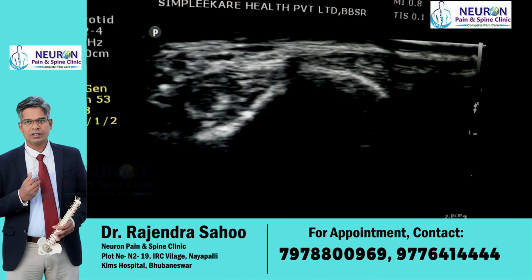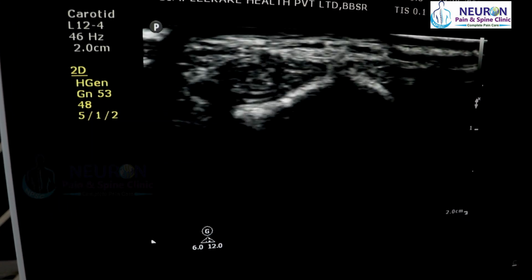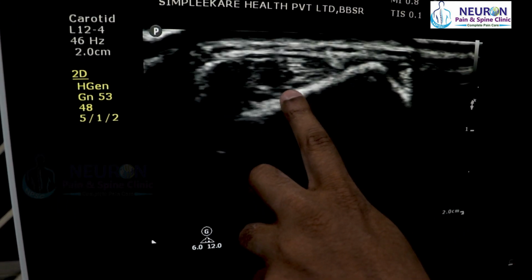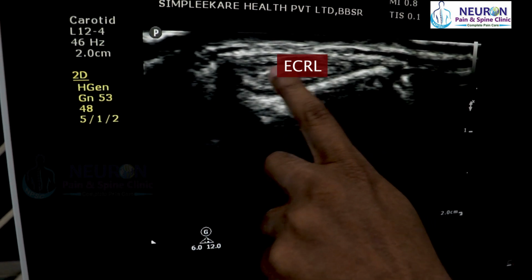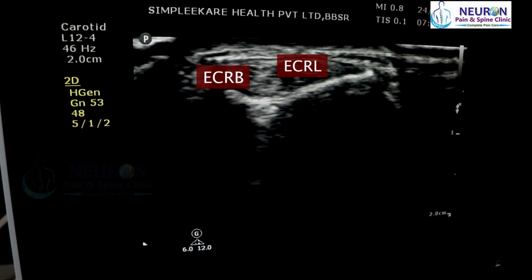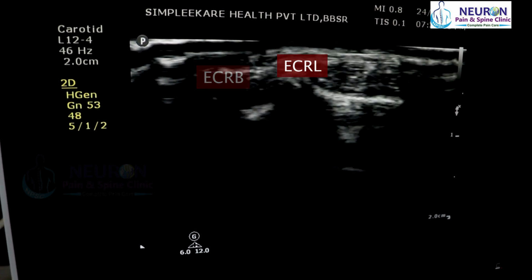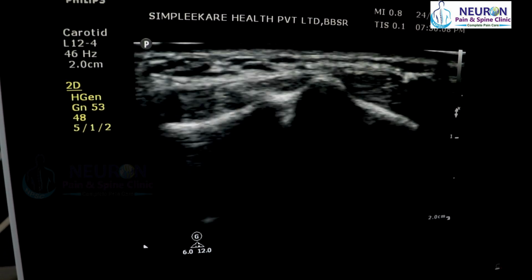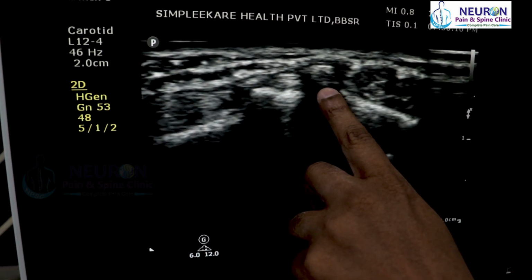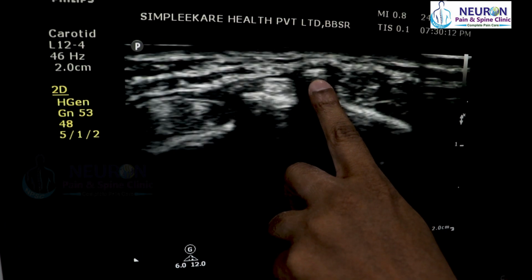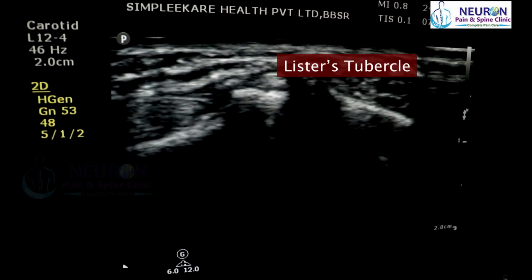Slowly moving further dorsal, one can see another two tendons. That is extensor carpi radialis longus and brevis, the second compartment. Further moving, you can see a pointed tubercle. Did you see that? That is called Lister's tubercle.